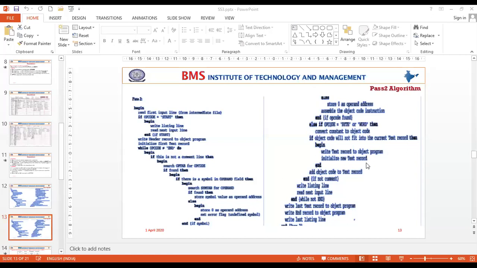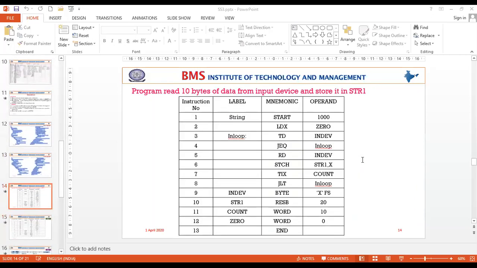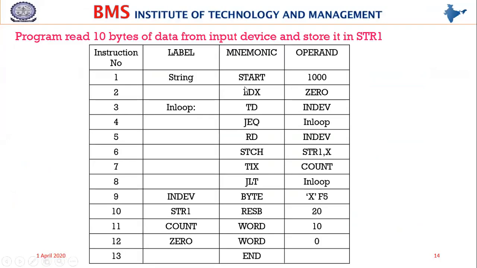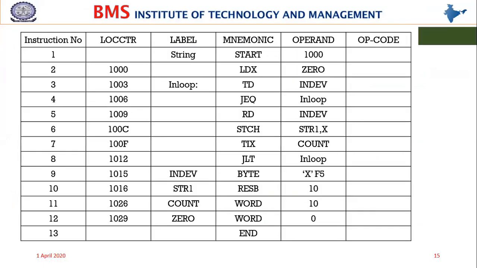This is implemented in pass two of the algorithm. This much we have seen, and we have also taken an example program and started assembling it. As I told you, you will be given a program or a small code snippet, which you may need to convert into object code.